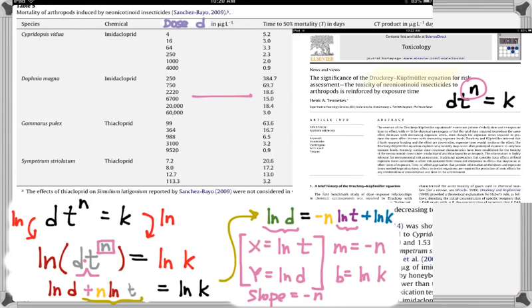The slope is maybe a little bit more interesting to the problem because the slope, probably, and the intercept, are going to vary between different toxic substances, so between imidacloprid, thiacloprid, whatever else we decide to use. It might also vary between different insects. Some insects might be more susceptible to certain insecticides than others might. But this is how we can linearize this data to hopefully discover the values of these parameters.